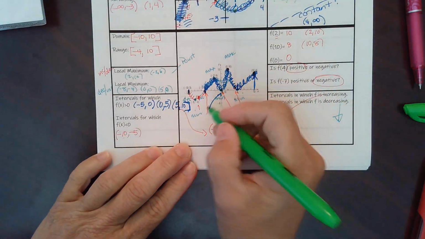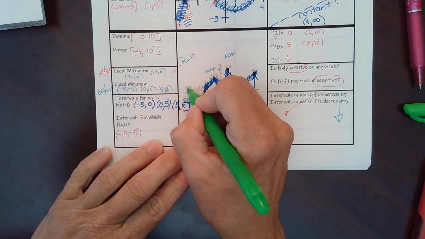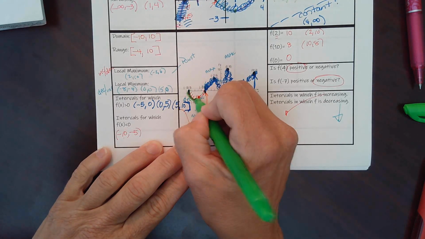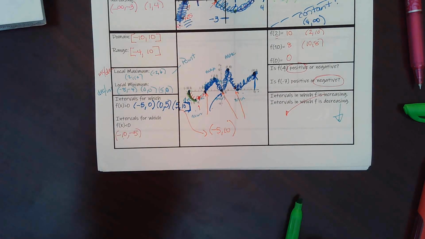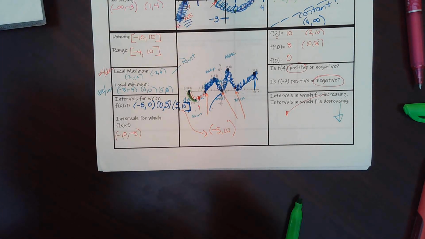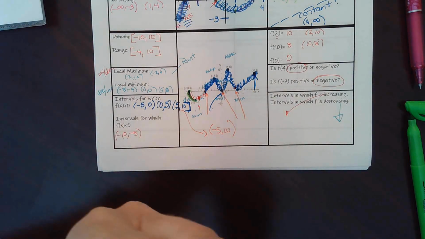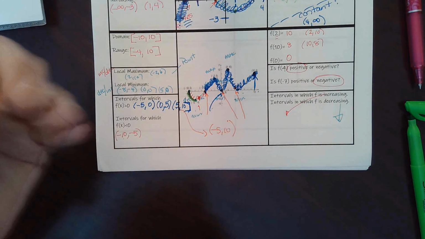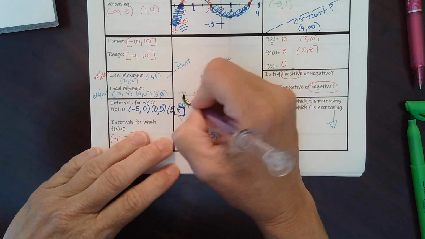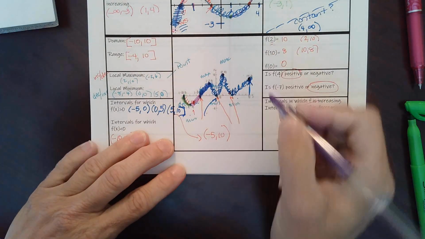So on this particular graph, the function is decreasing here. The function is increasing, if I can pull this apart. Nope, that's out. Oh, there we go, sorry. The function is increasing here.